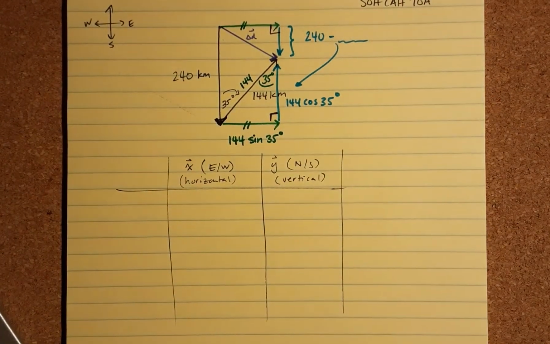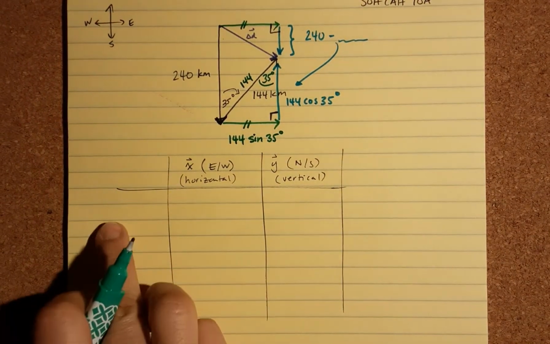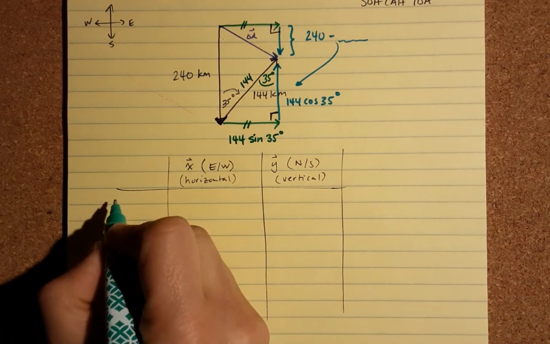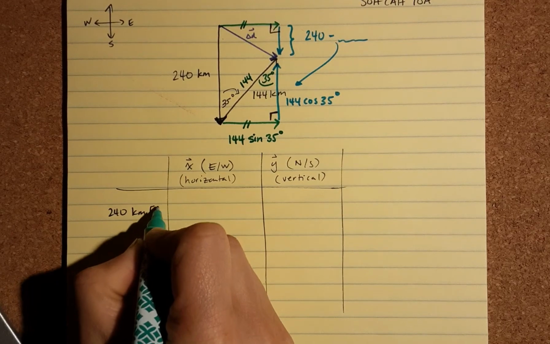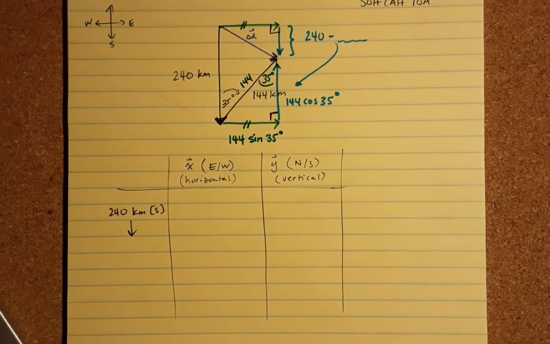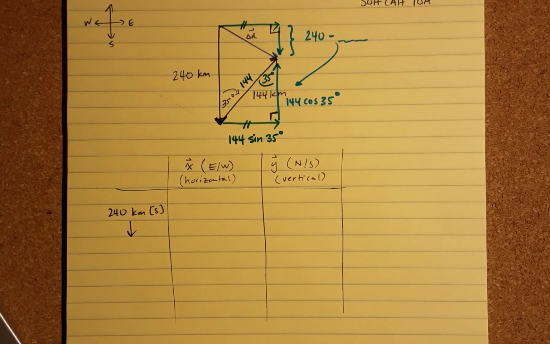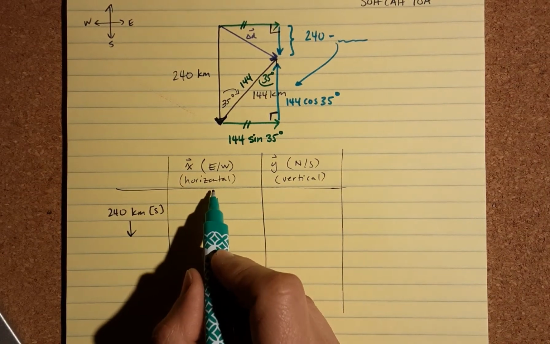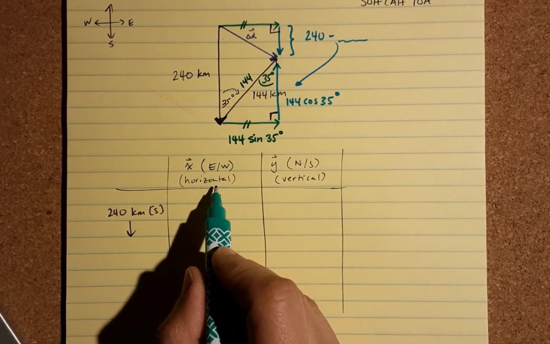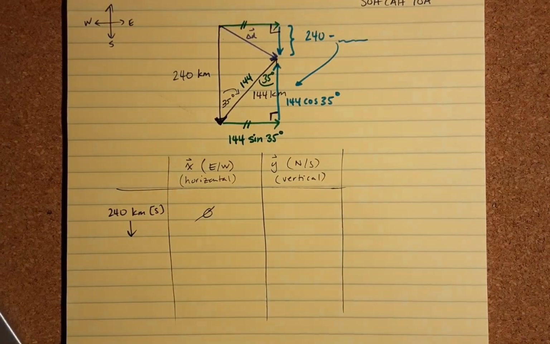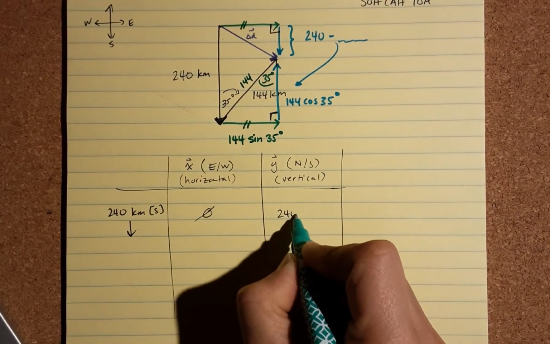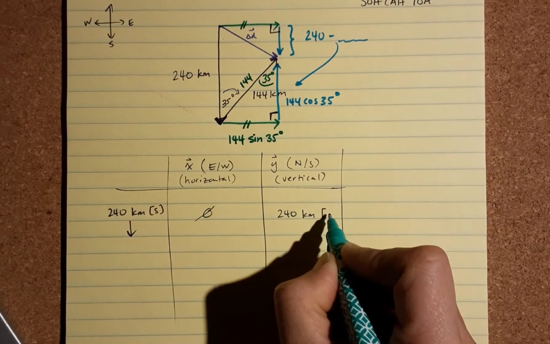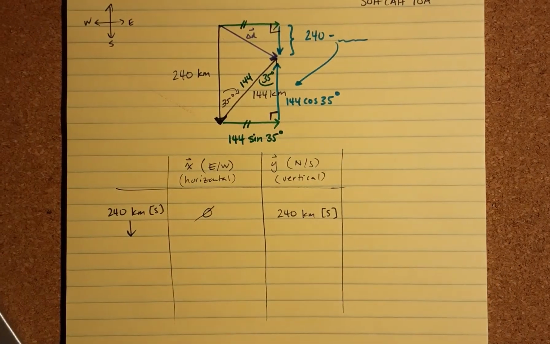All right, so essentially what I'm doing, I'm adding these two vectors. So what I do is I write the first vector here. It's 240 kilometers south, and then I draw myself a little sketch. It's just down. Okay, so what's the east-west, or the horizontal component of that? There's none. It's only south. So 240 kilometers south.